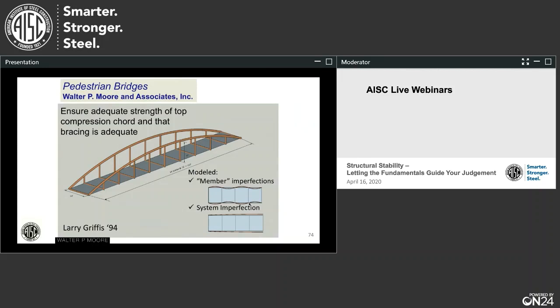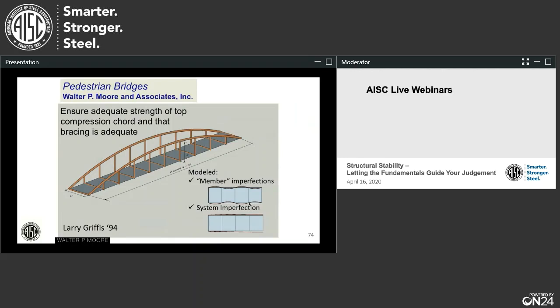And so what they opted to do was model the member imperfections, that is the imperfection of the arch in between each one of the vertical struts. That's what I'm showing there as the member imperfection. And then the system imperfection was to take the entire arch and pretend it buckled out of plane.